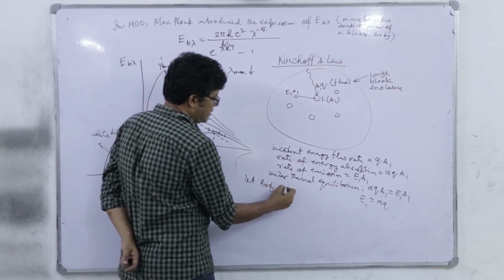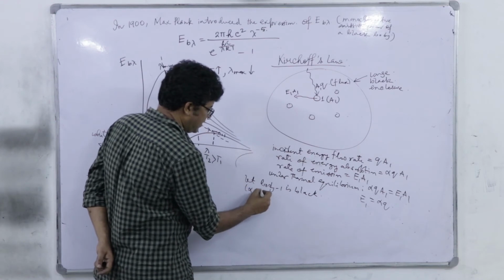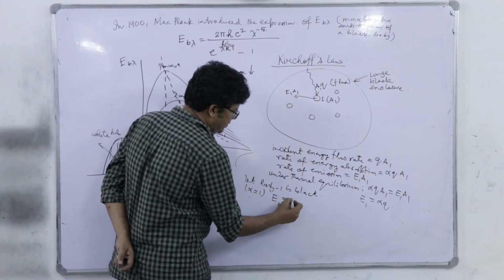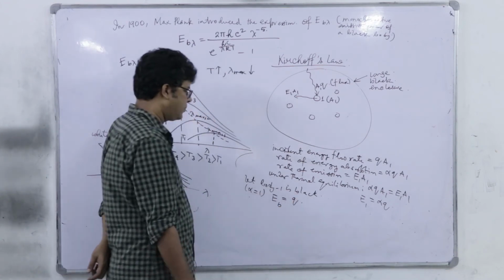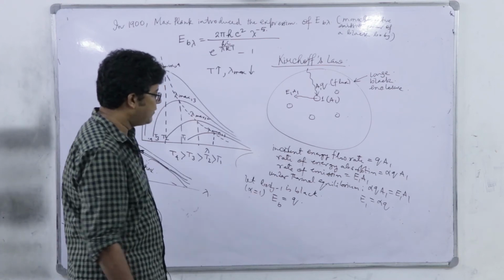Let body 1 be black, think about it. So, alpha is equal to 1. So, E1, or rather EB, will be equal to Q. EB is the total emissive power of a black body.